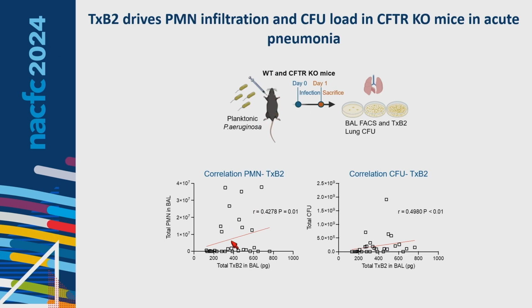As you can see from this graph, this positive correlation suggests that the increased thromboxane B2 production is relevant for lung pathology, because mice with higher thromboxane B2 also have an increased number of neutrophils infiltrating the airway and are also characterized by an increased bacterial load.